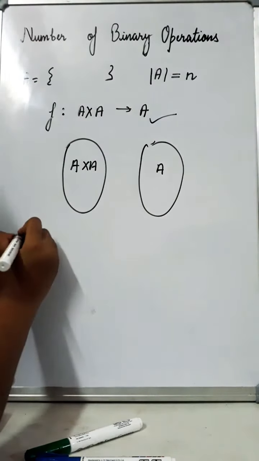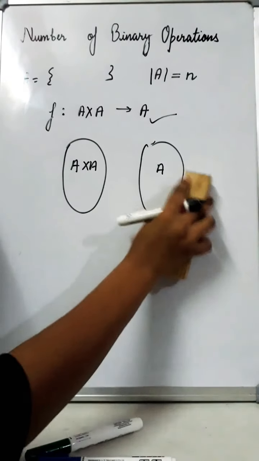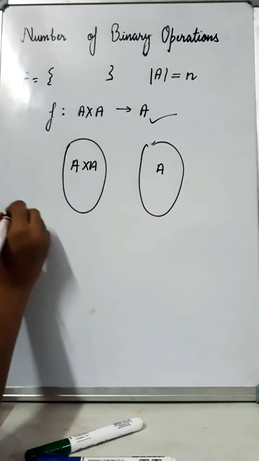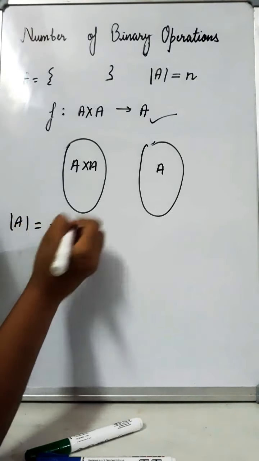So easily you can do this now. The cardinality of A is n, and the cardinality of A cross A is the cardinality of A into the cardinality of A, which is n square.